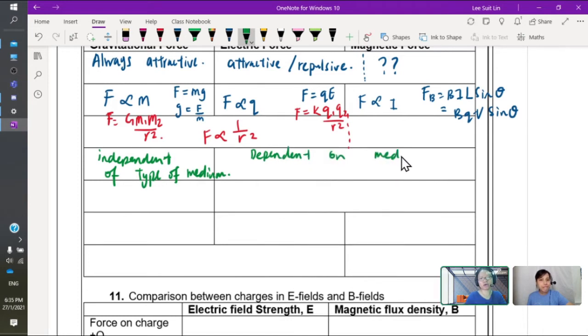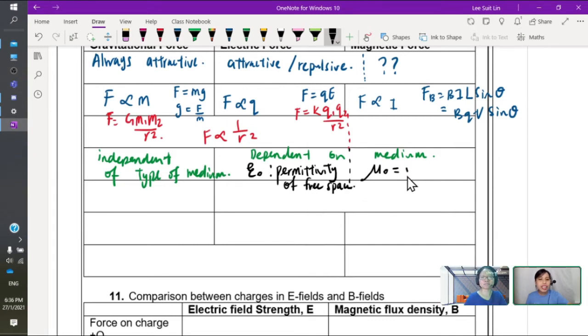If you're wondering how you know, for electric field, you have your epsilon naught, which is the permittivity of free space.